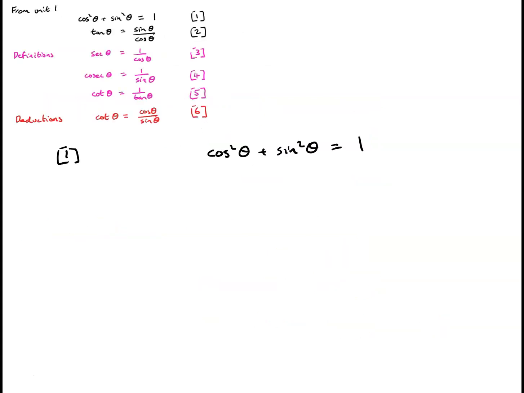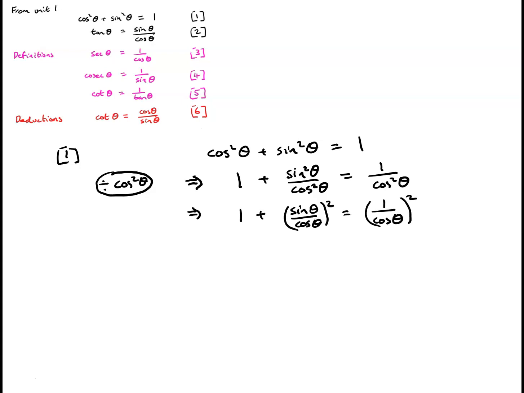We know that cos squared theta plus sin squared theta is always equal to 1. If we divide through by cos squared theta, I obtain 1 plus sin squared theta over cos squared theta is 1 over cos squared theta. In other words, I obtain 1 plus sin theta over cos theta all squared equals 1 over cos theta squared.